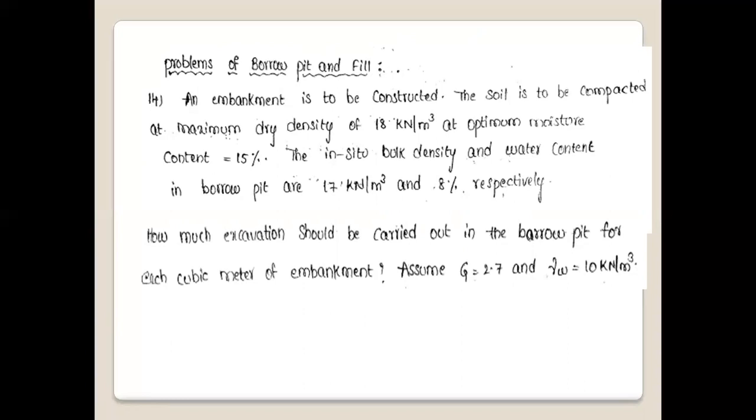The soil is to be compacted to a maximum dry density of 18 kilonewton per cubic meter at optimum moisture content equal to 15 percent. The in situ bulk density and water content in the borrow pit are 17 kilonewton per cubic meter and 8 percent respectively.